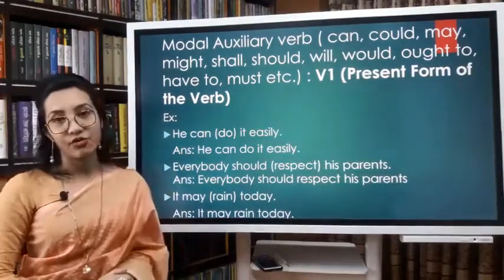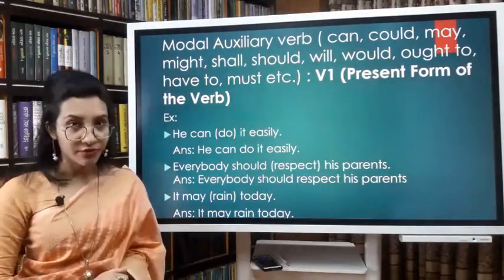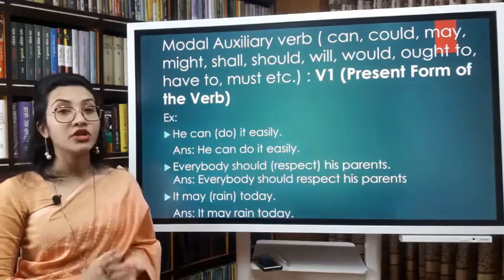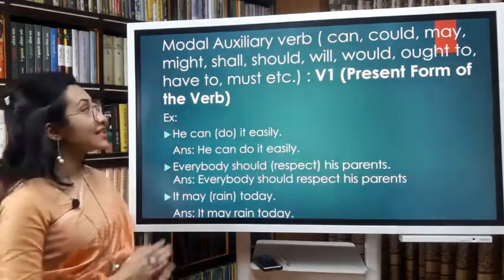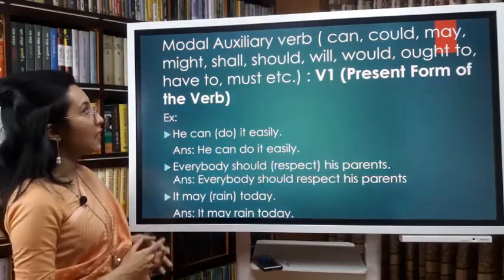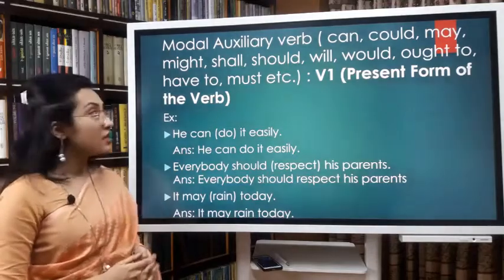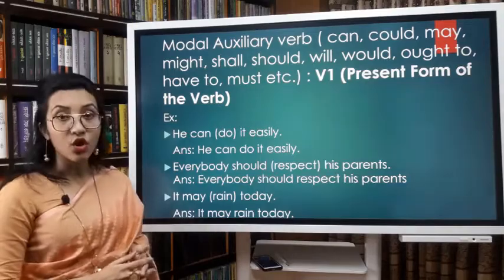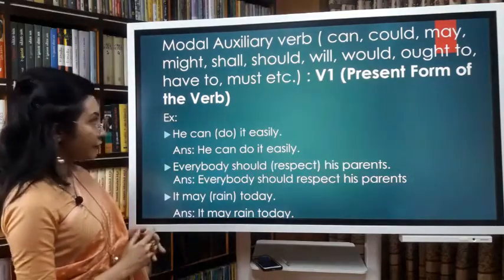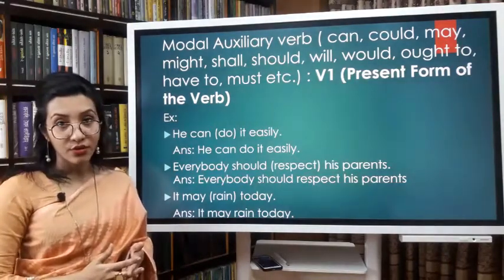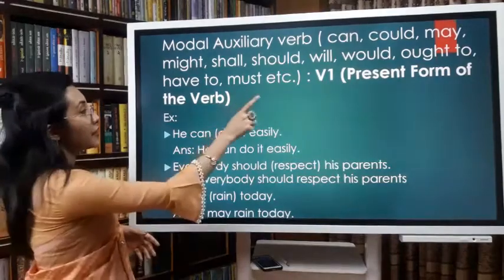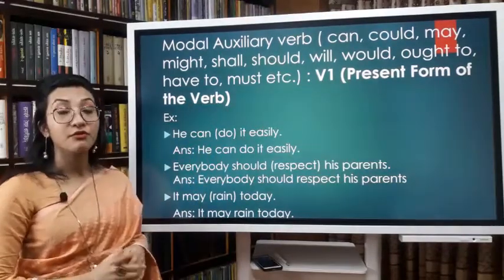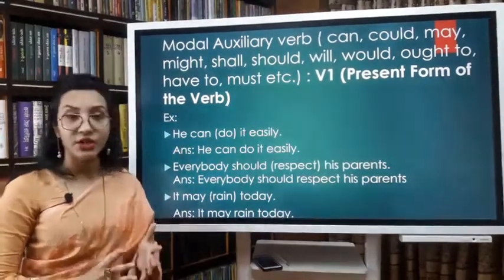Now this is the second rule, modal auxiliary verbs. In case of modal auxiliary verbs such as can, could, may, might, shall, should, will, would, ought to, have to, must, we are going to use the present form of the verb, V1, which is known as the base form.